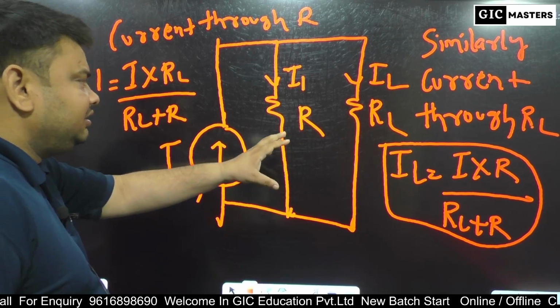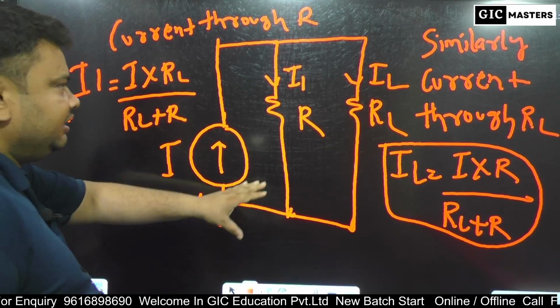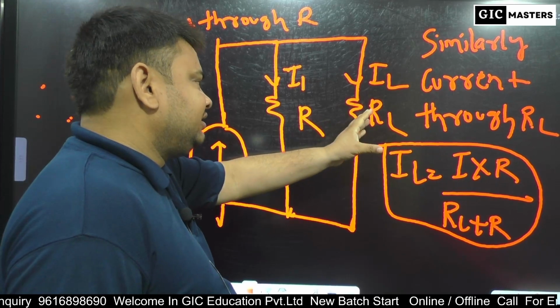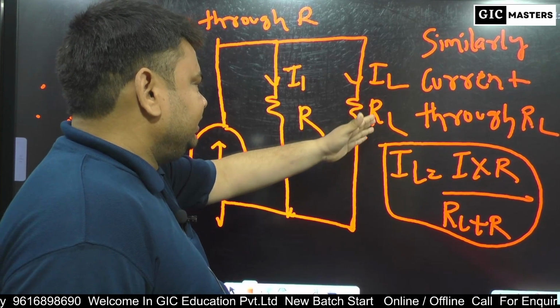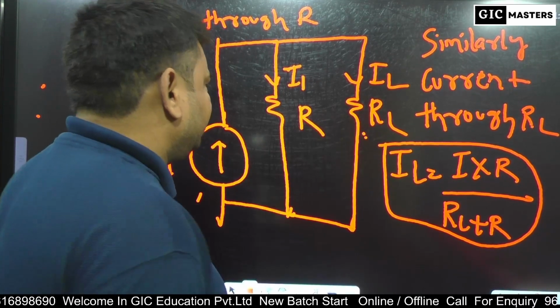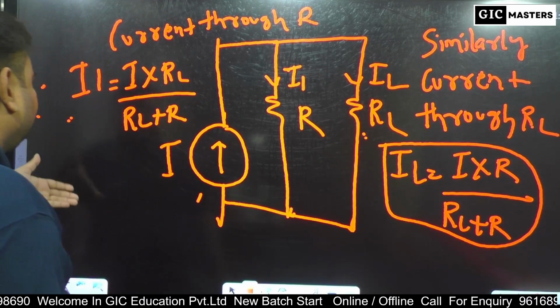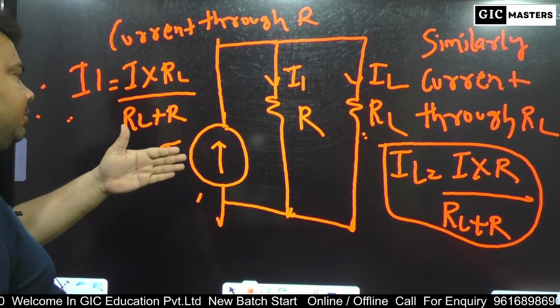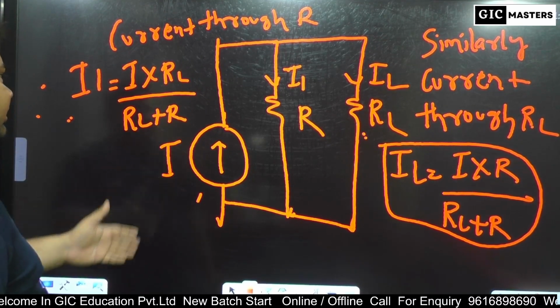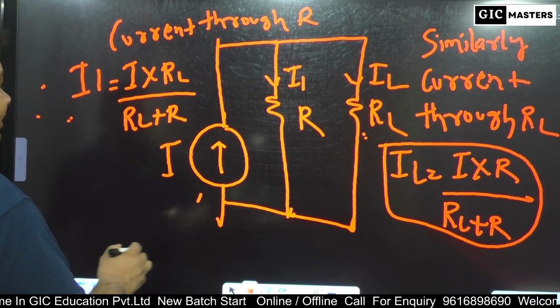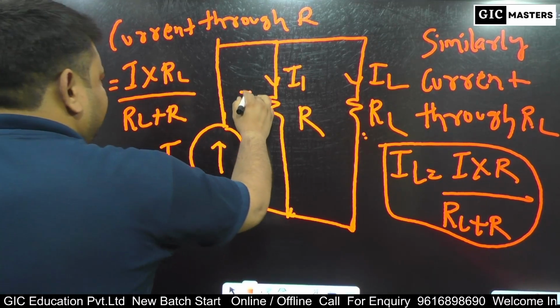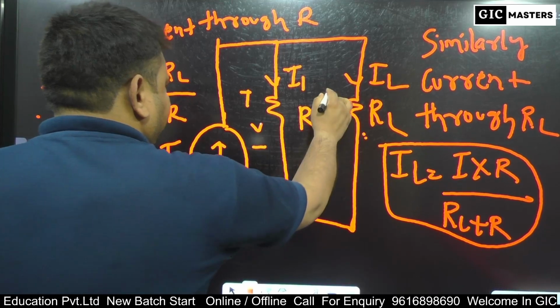R is the internal resistance and IL is the current flowing through RL, the load resistance. When we know the current flowing through R, then we can easily find the voltage across R.